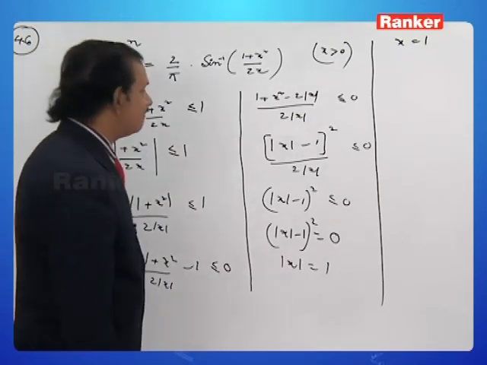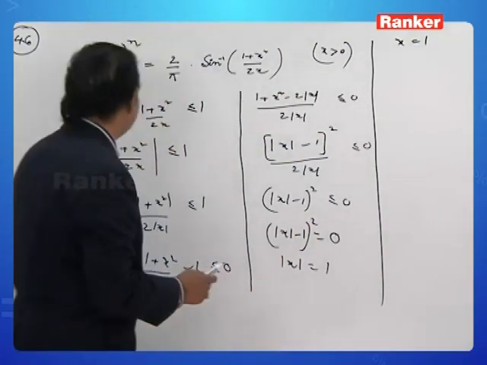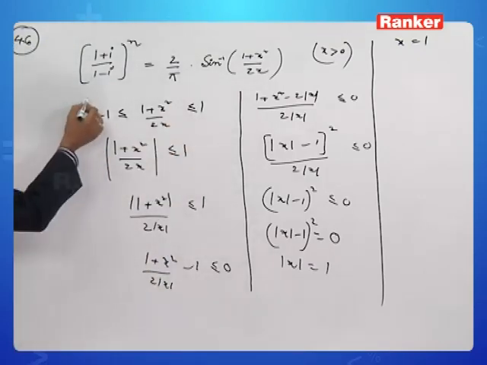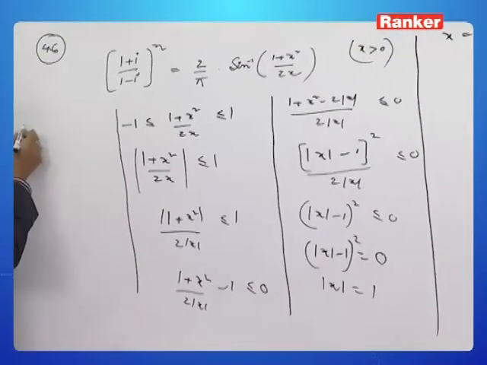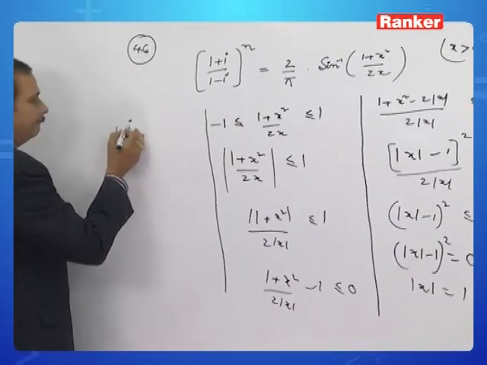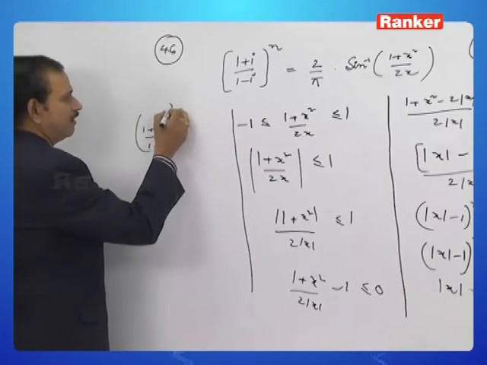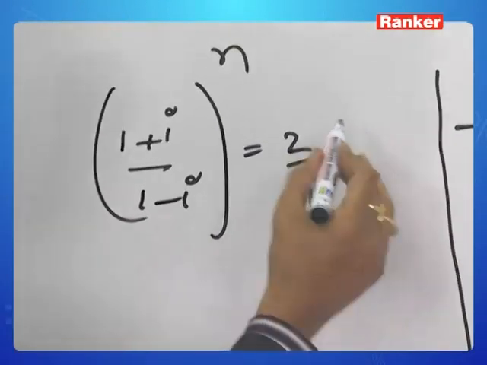What are you going to have? Let us observe that thing here. (1 plus i by 1 minus i) whole to the power of n is equal to 2 by pi into sine inverse of 2x by 1 plus x square.